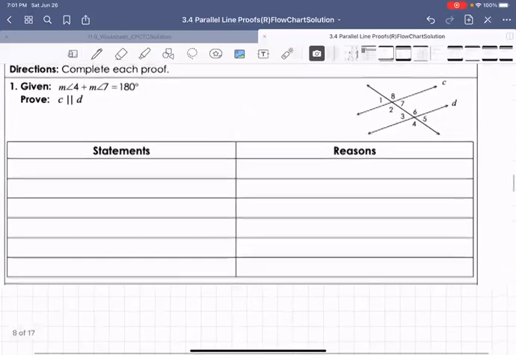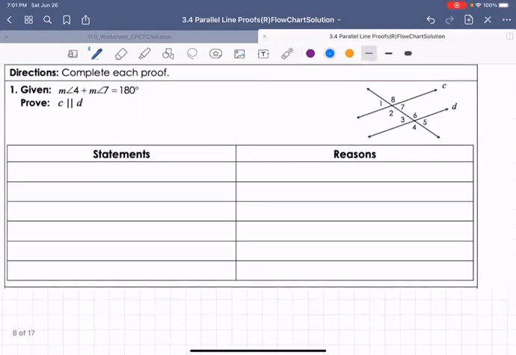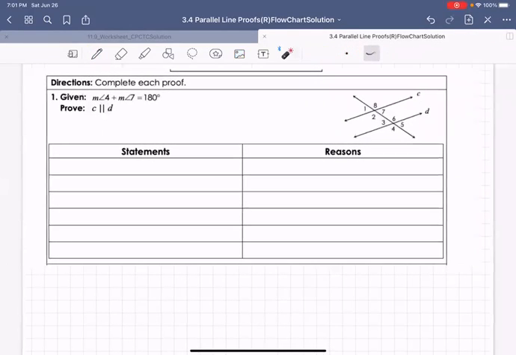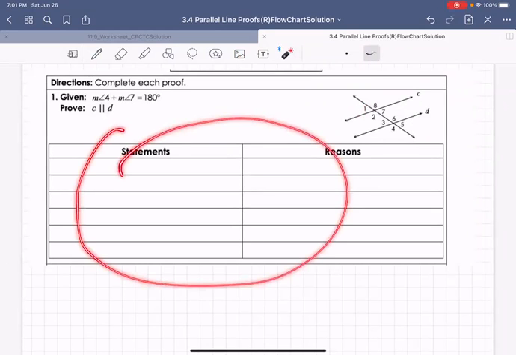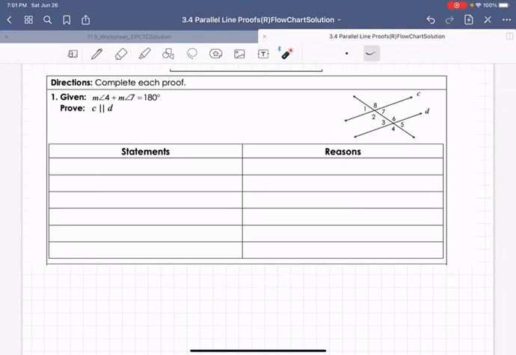Annie, let's look at number 1. I would like you to see here. We can do the two-column proof, and then we will do the flowchart, okay? This is a given condition, so let's start from this one, okay?